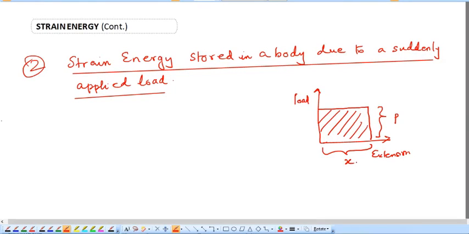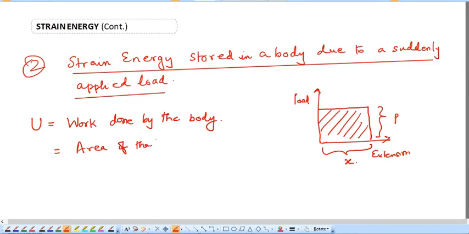So strain energy stored in a body is given by the work done by the body. So work done by the body is equal to the area of the figure. So you take this as O, A, B, C. Area of the figure O, A, B, C.